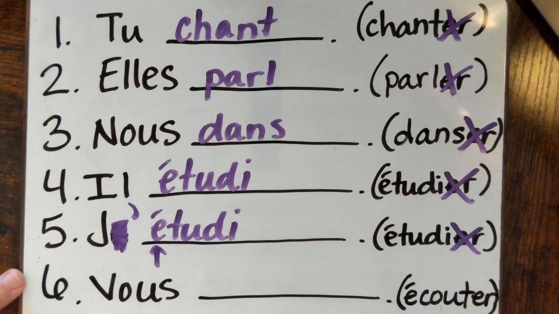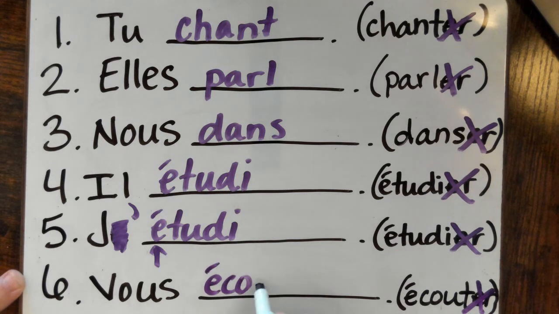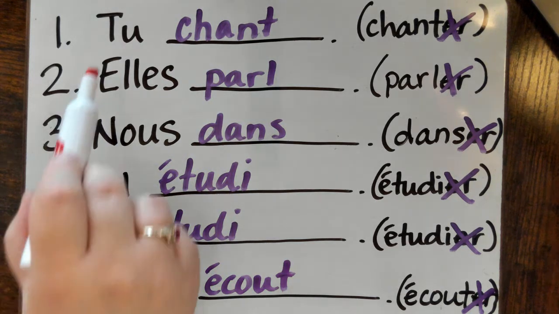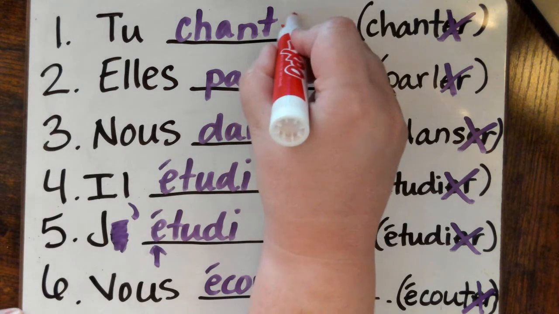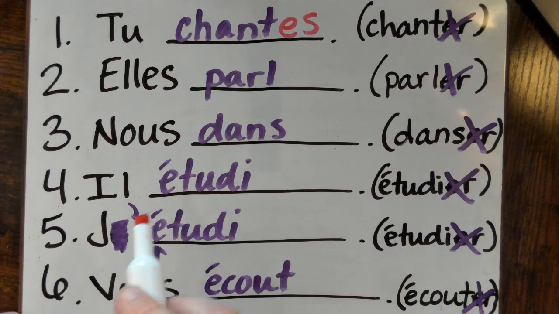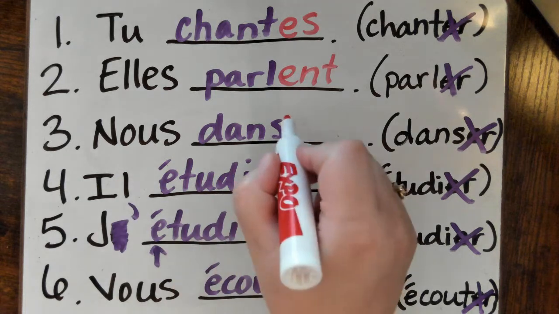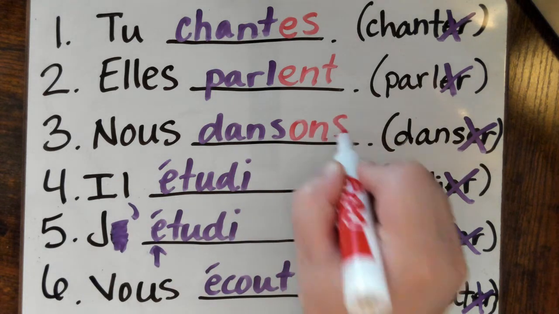And then this last one, take off the ER, we've got E-C-O-U-T. Okay, now I'm not finished. Now I have to add my endings. So what's my tu ending? ES. What's my ils ending? ENT. Nous, ONS.